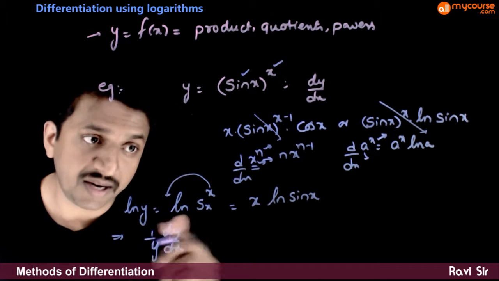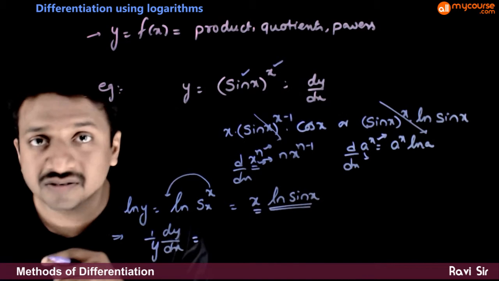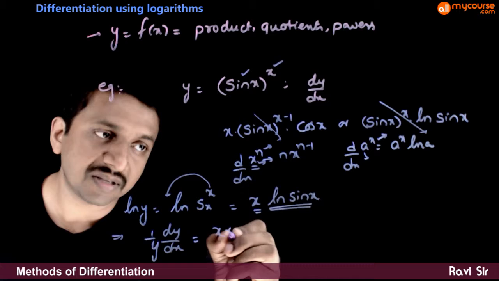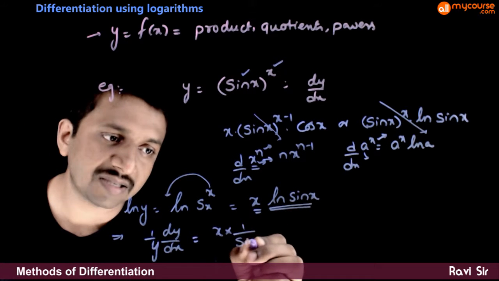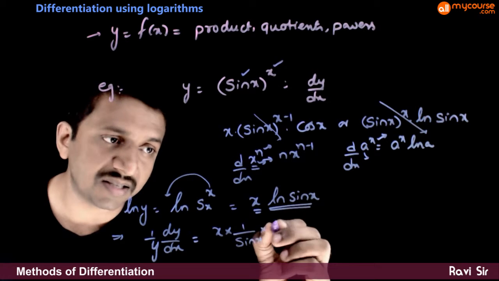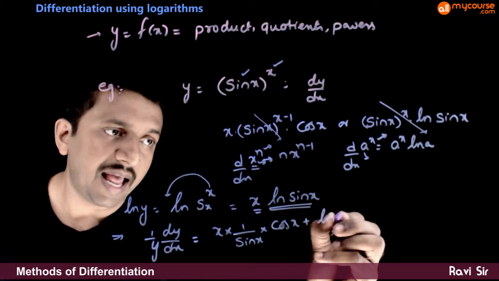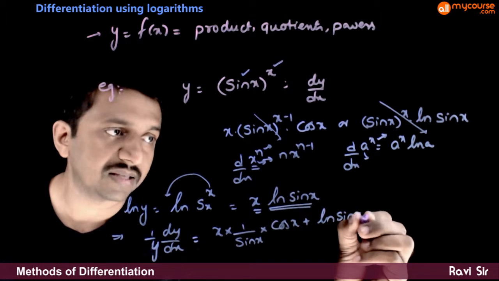1 by y dy by dx is equal to, here you have a product of two functions, so we can use the product rule. x times the differentiation of ln sin x is 1 by sin x times sin x's differentiation, which is cos x, plus ln sin x times the differentiation of x, which is 1.